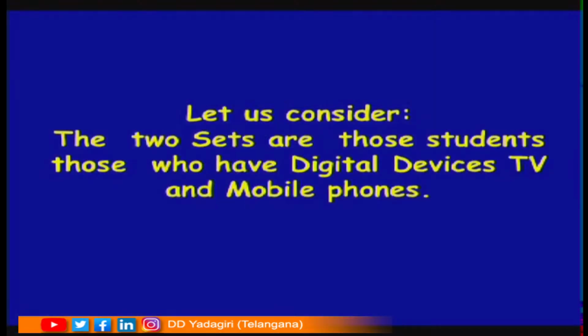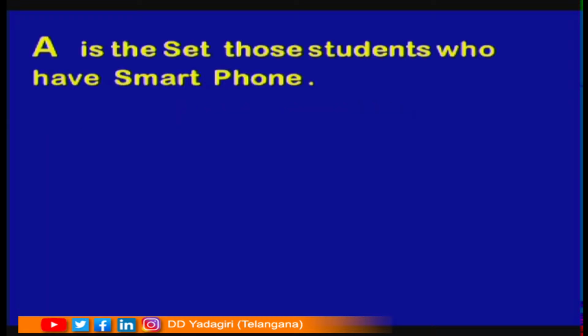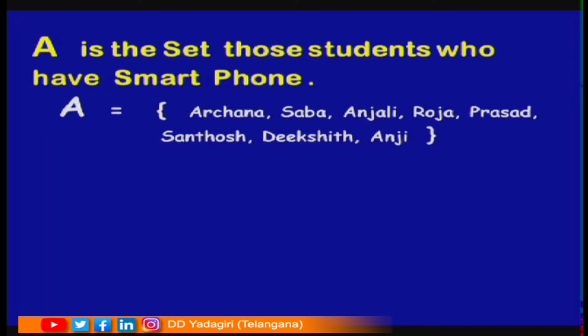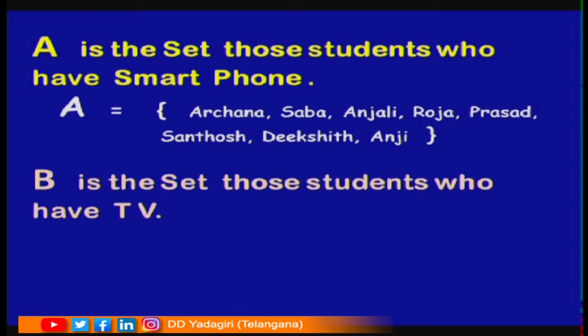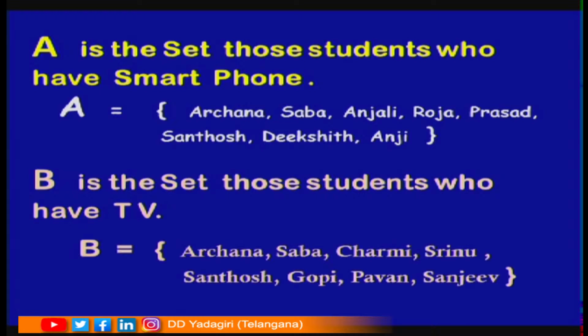I am taking the same example, with only two digital devices, TV and mobile phone or smartphone. A is the set of students who have smartphones or mobile phones, and B is the set of students who have a TV.